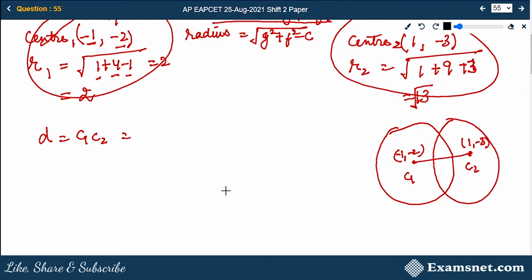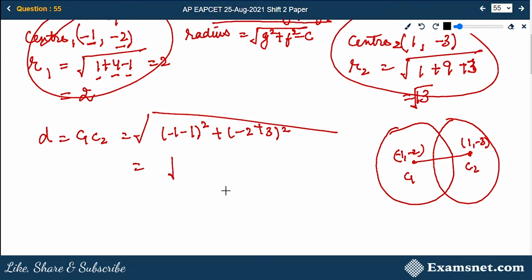We can find C1C2 using the distance formula, under root of minus 1 square plus minus 2 plus 3 square, which is under root of 4 plus 1, which is equal to under root 5.